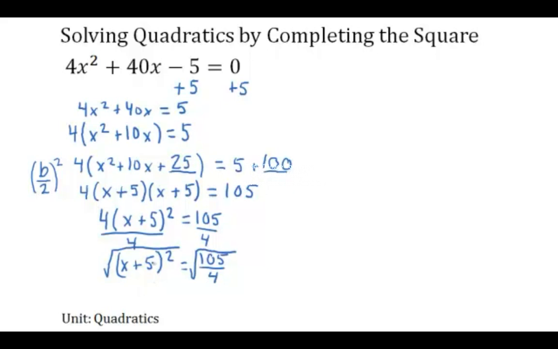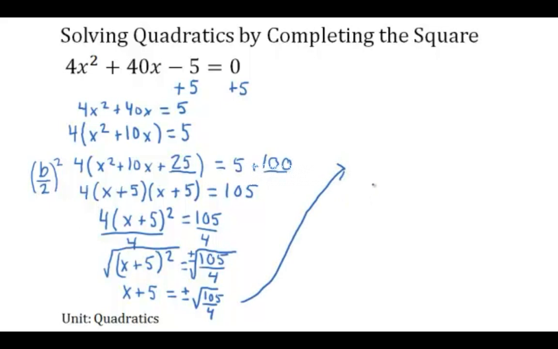The square root of something squared is the item that's being squared, so x plus 5. And this equals, now whenever you take the square root of both sides of an equation, you need to introduce a plus or minus. The square root of, say, 16 is 4 and negative 4. So I get plus or minus the square root of 105 divided by 4.